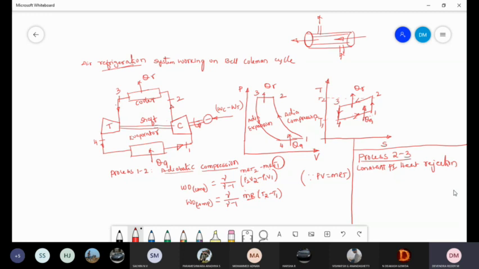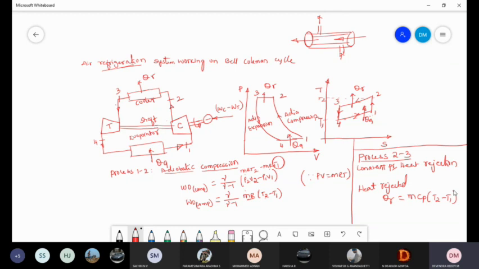Now I can write heat rejected, QR equals m Cp T2 minus T1, because this has happened here. Heat rejection.